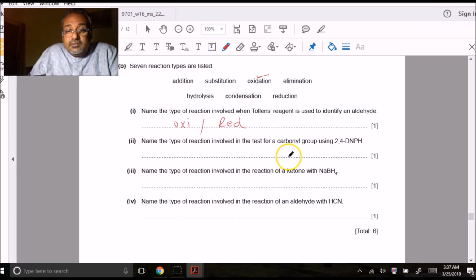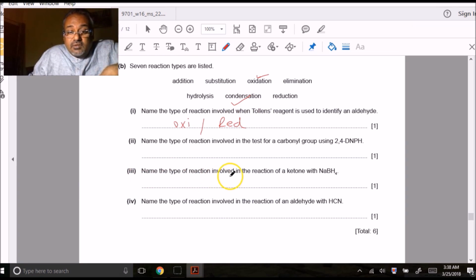And for this question, if you want to test the aldehyde carbonyl group with 2,4-DNPH, the thing is, it removes the double bond O of the aldehyde and ketone. It uses this H to create the vacancy there. So the H and the O go out. That's why it's called the condensation reaction, because there is elimination of water which is happening in this equation.